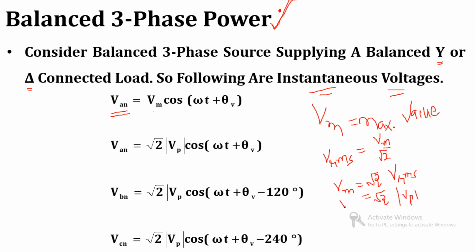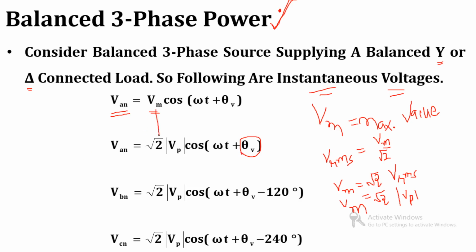So, I will replace Vm with root 2 into mod Vp. So, my Van becomes root 2 into mod Vp into cos omega t plus theta v. This theta v is the voltage angle for Van.